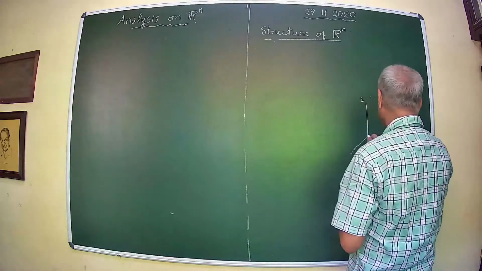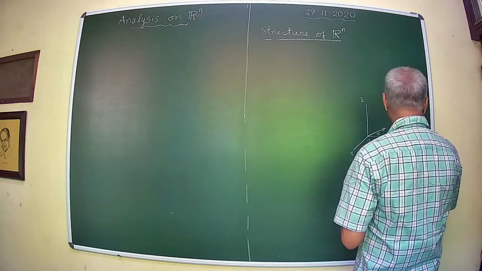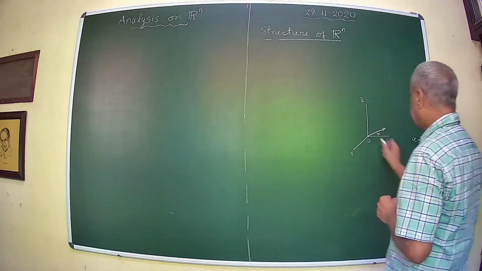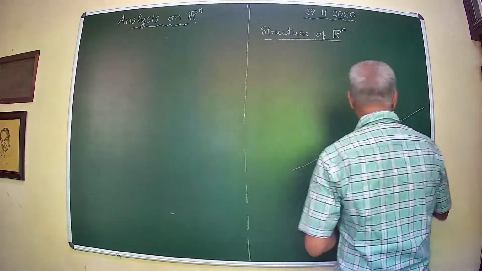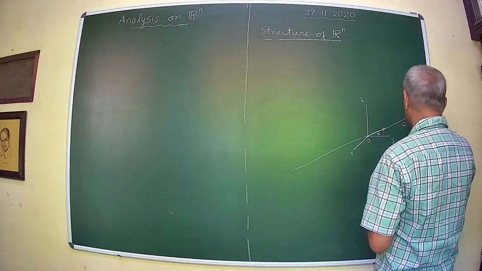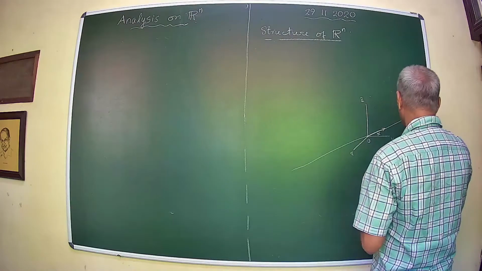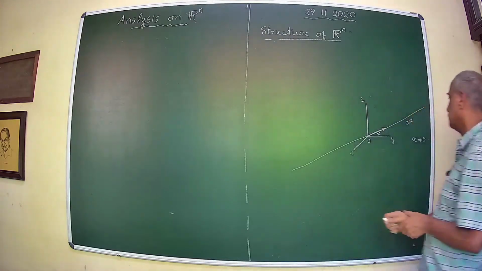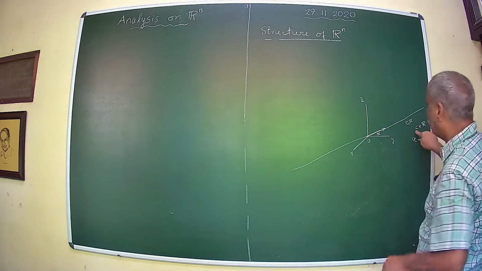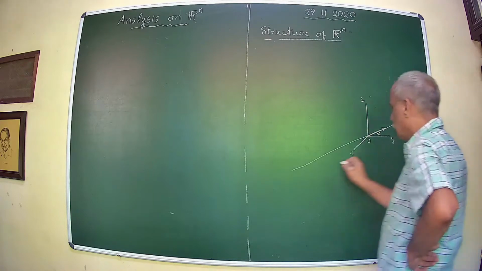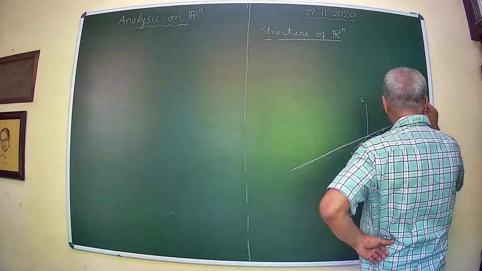Suppose you take a non-zero vector x not equal to 0, and you take Cx, where C belongs to R. Now, as you vary C over R, you generate the entire line along the vector x.